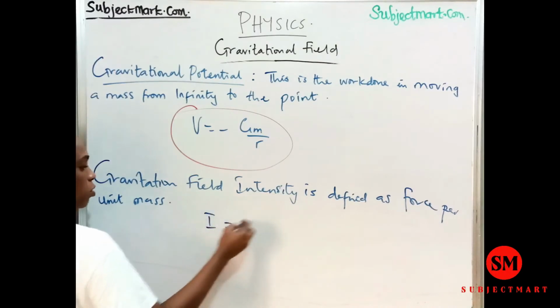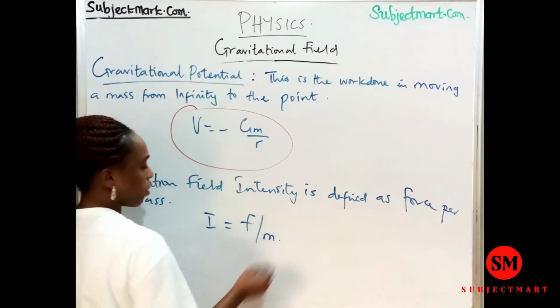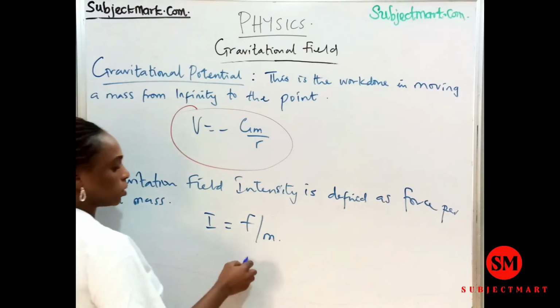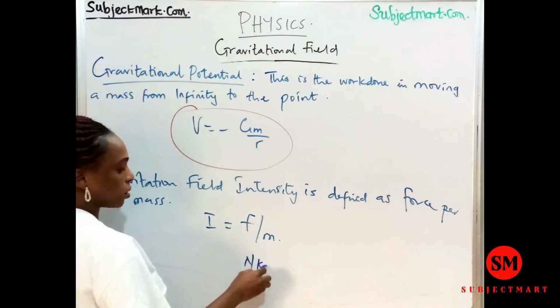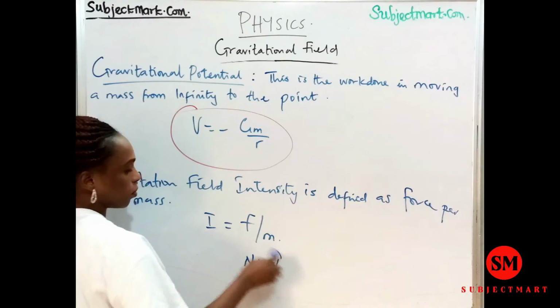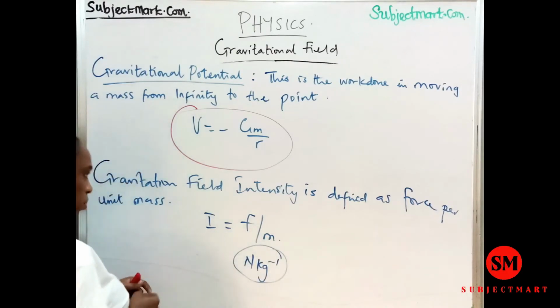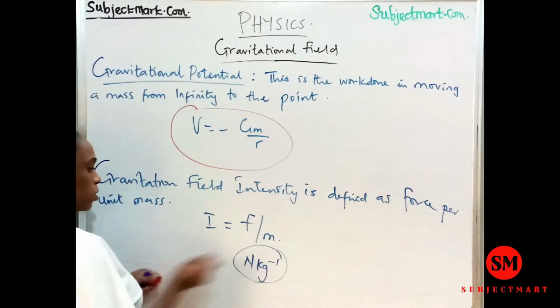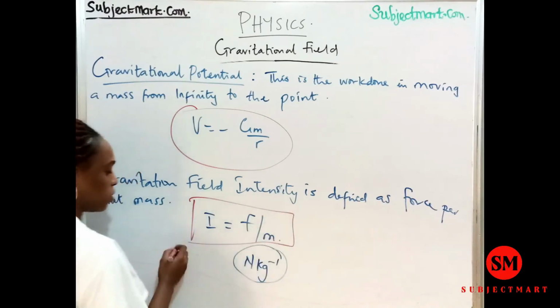That is I is equal to F over m. Force is measured in Newton, mass is in kilogram. So this is what we have: gravitational field intensity, and here is the unit.